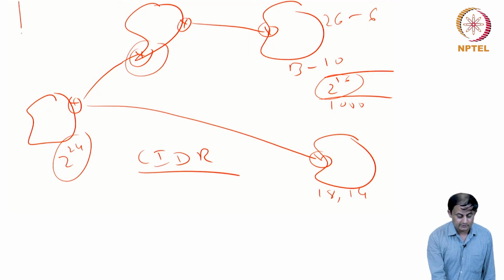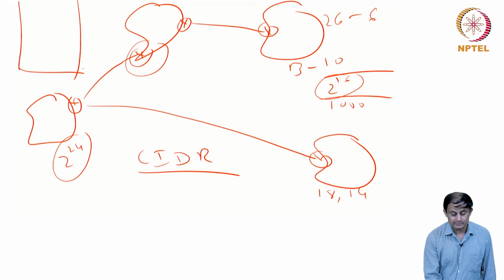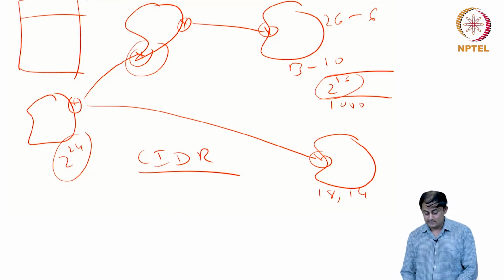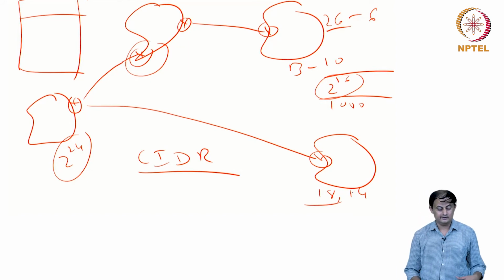If everybody was using an 8-bit network IP address, then the entry would also be 8 bits. But what we are saying is, now one can have a 26-bit prefix, another can have an 18-bit net ID.